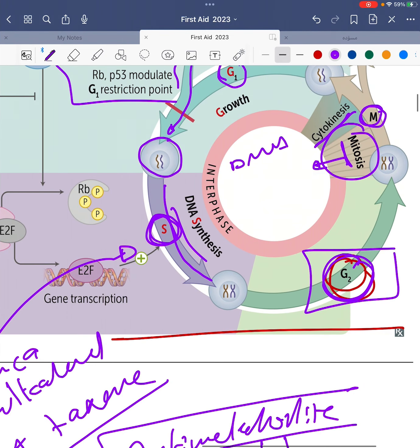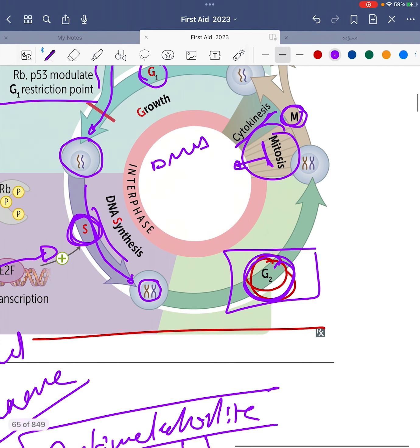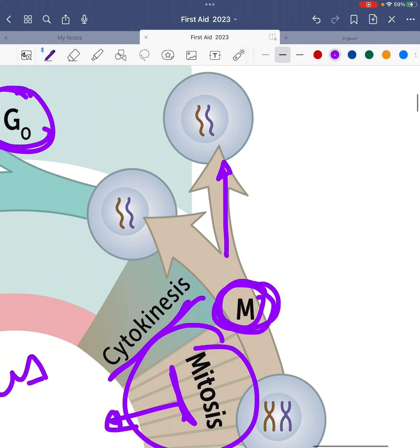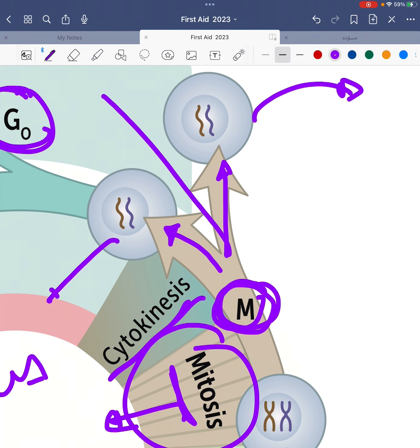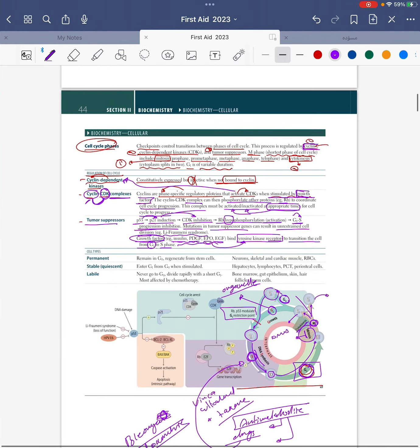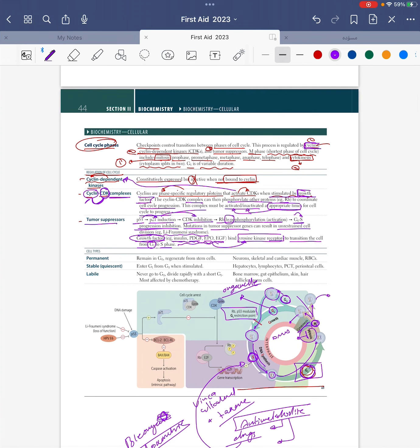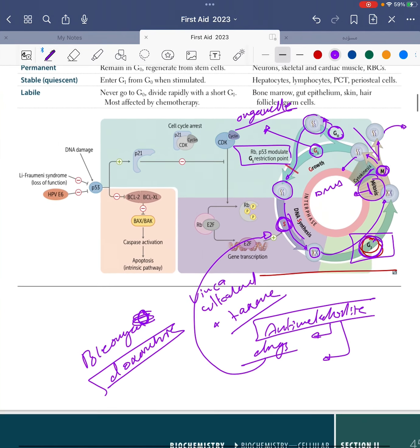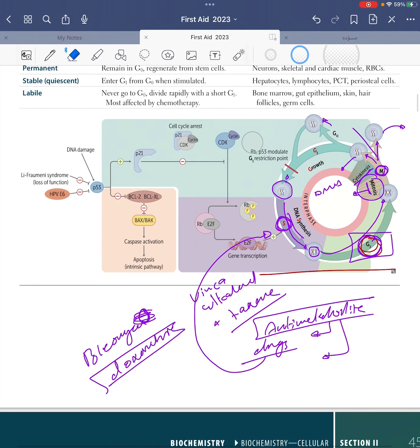Then it starts to form two distinct copies, and these make it to the M phase, which means the last division of the same cell into two different cells, and each one goes into its own cycle. The rest of it is just a presentation of all the things that we have just talked about.